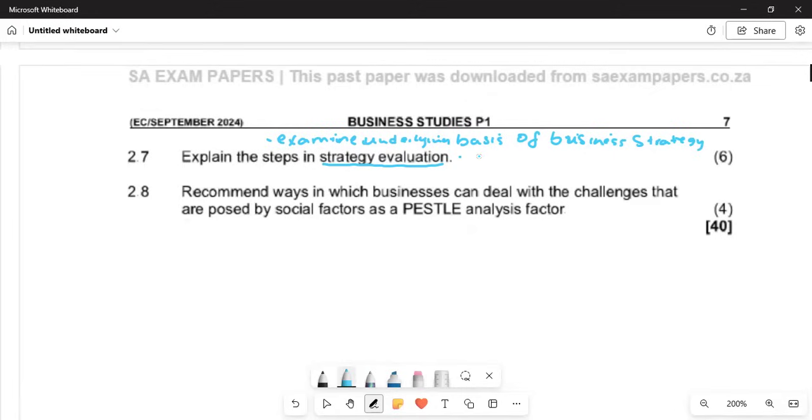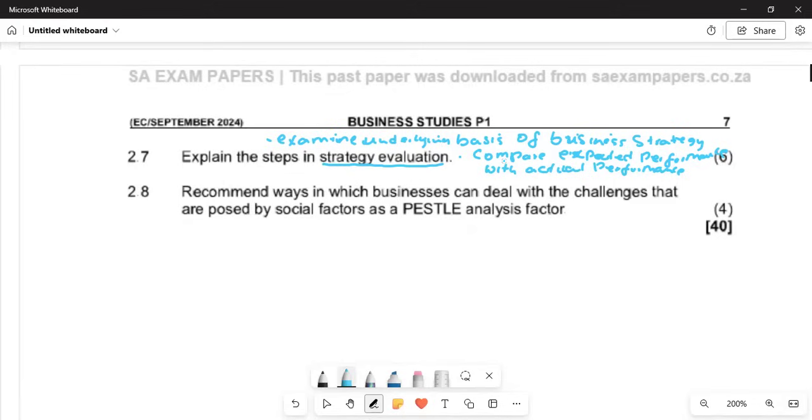Also, you are to compare expected performance with actual performance, so that you see whether you're still in line with your planned strategy.